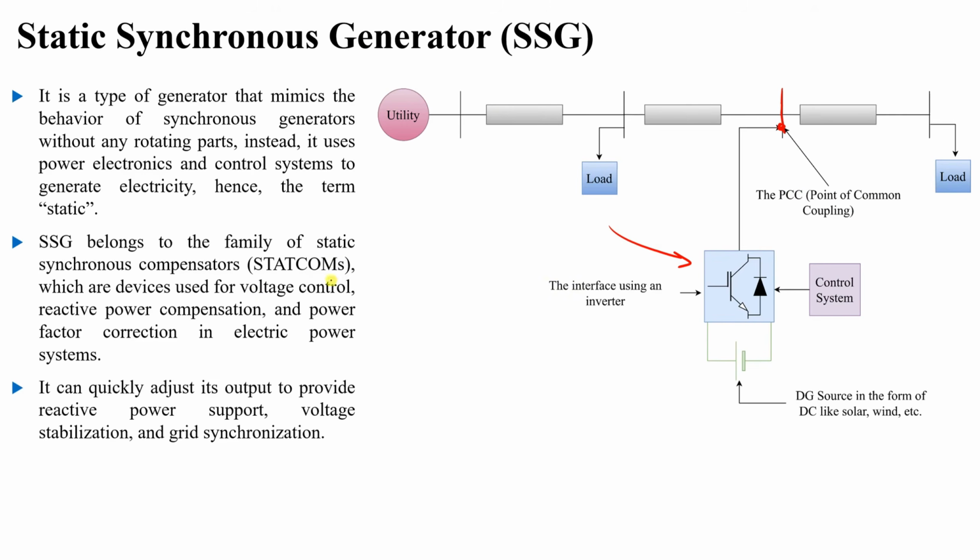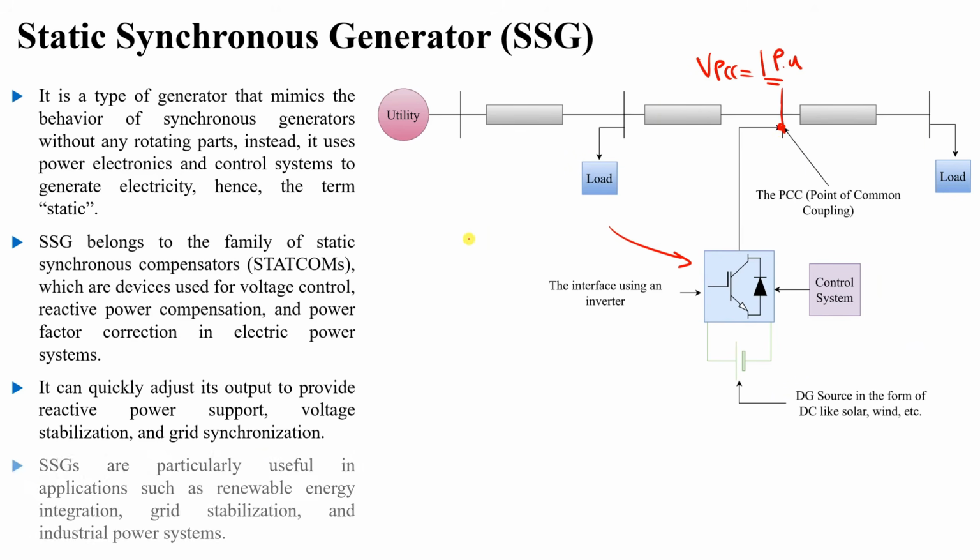Now these types can be used for reactive power support and voltage stabilization, keeping this voltage at a certain value, 1 per unit. VPCC, the voltage at the point of common coupling, is 1 per unit, as we would like, by controlling this inverter. We can also synchronize with our grid. All of this you will see in this course. These are used in important applications like renewable energy integration, grid stabilization, and industrial power systems.